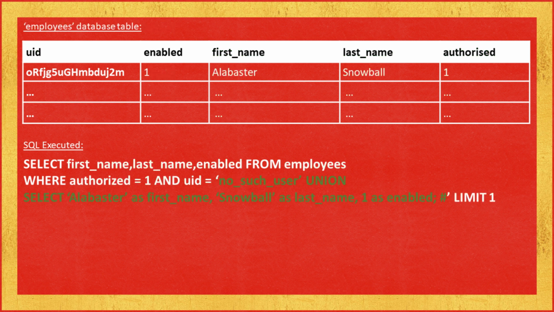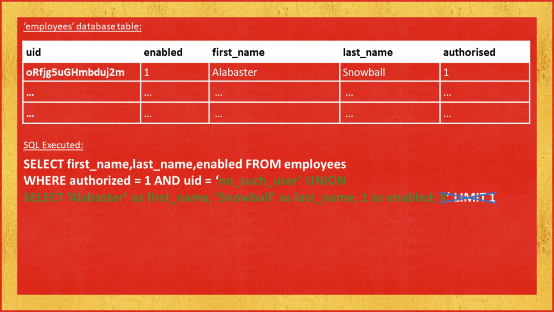Here we explicitly set the UID to be no such user, a value which should return 0 results. We can then tag a union statement onto the end and hardcode the data we want returned. As we now know that this is a MariaDB backend, we can replace the double dash with a hash, which is how MariaDB defines comments.